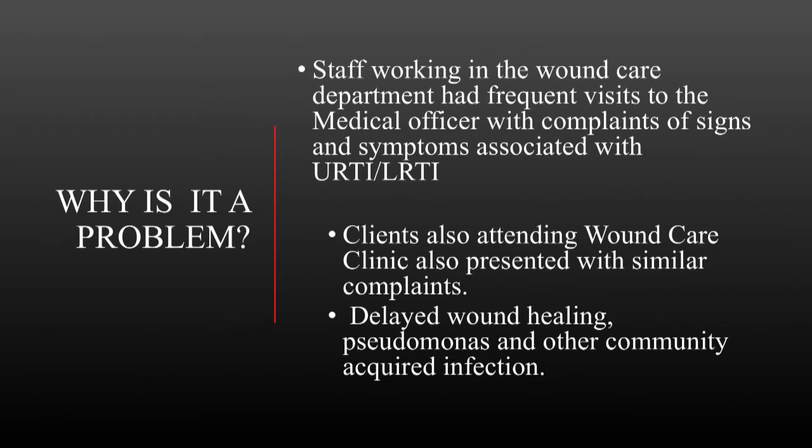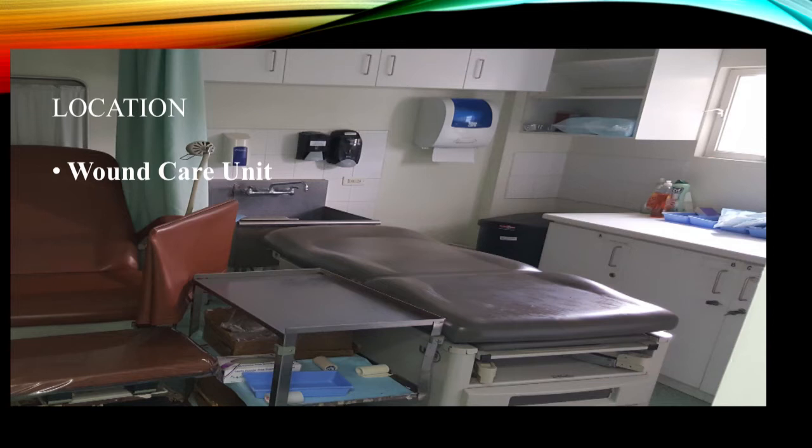I'd like you to turn your attention to the photo on the screen. This photo depicts the wound care department. Within the department, you will see two bunks close to each other. Separating the bunk, you will see a blind. And as you look further around the room, you realize that there is one sink that is actually designed to be a sluice sink, but also has soap dispensers, which also facilitate the hand washing process done by the staff.